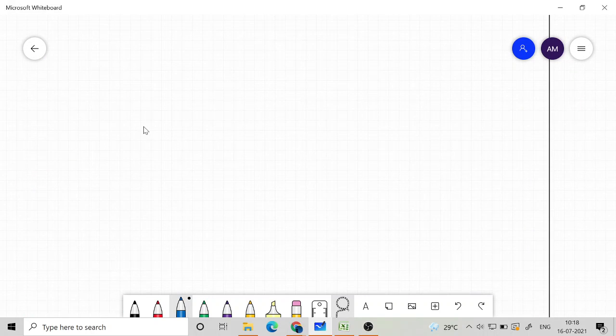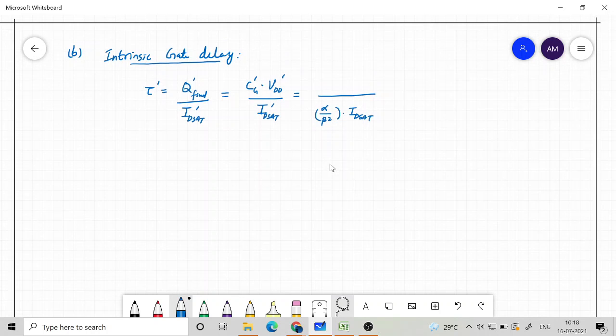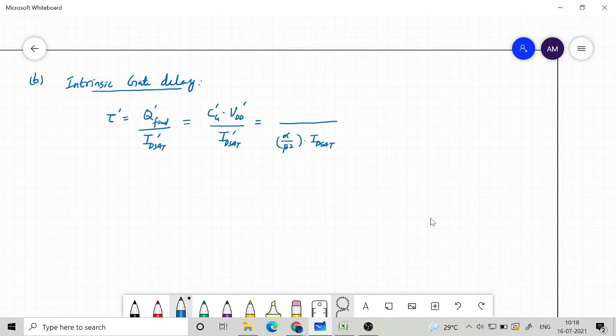So that's the denominator. What about the numerator? How is the gate capacitance getting changed? Now what is gate capacitance? Cg dash, Cox is gate capacitance per unit area, and you just need to multiply it with L dash into W dash.